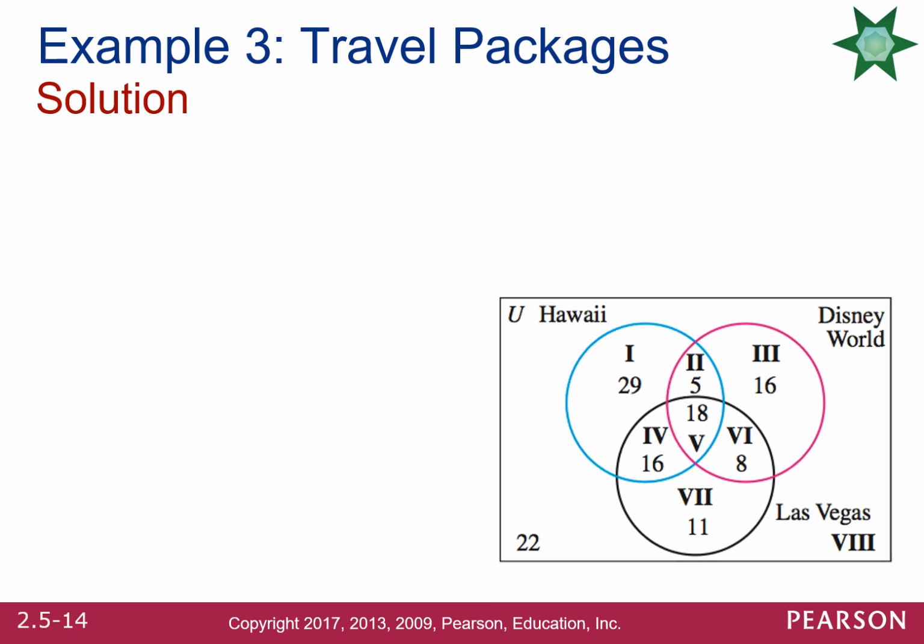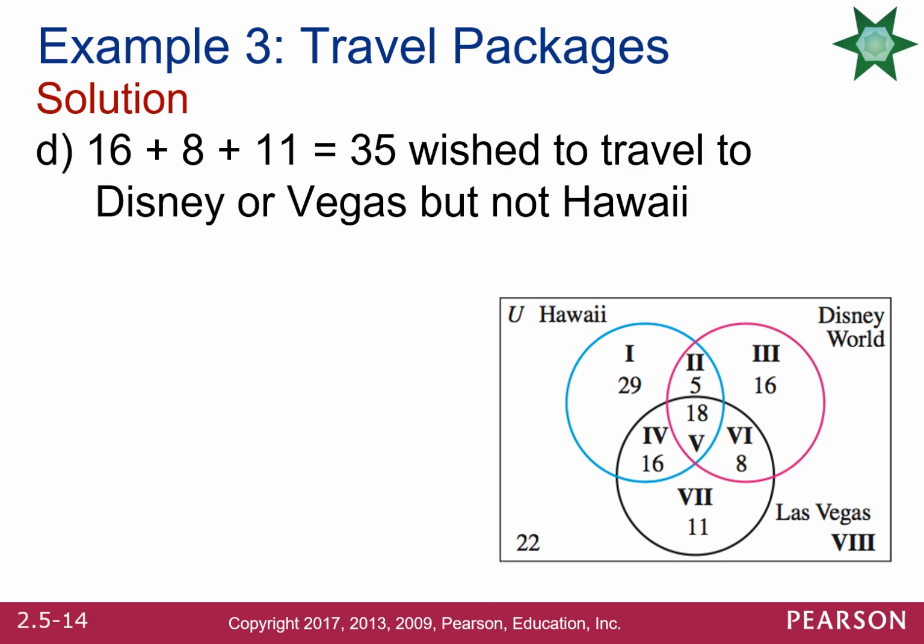Now, part D of the question said, how many wish to travel to Disney or Vegas, but not Hawaii? The previous question, part C, had asked how many wish to travel to Disney and Vegas, but not Hawaii. This time they have the word or.